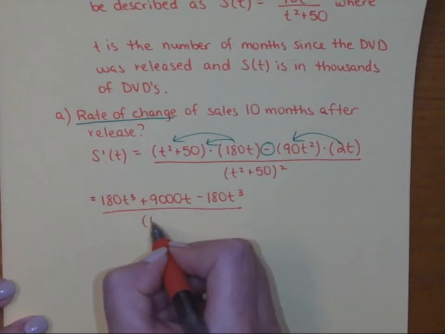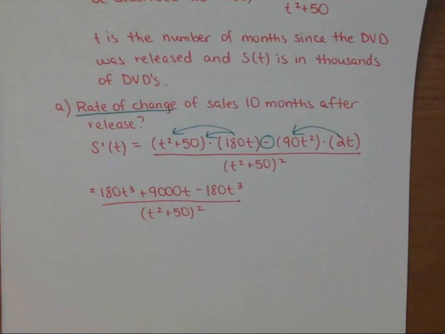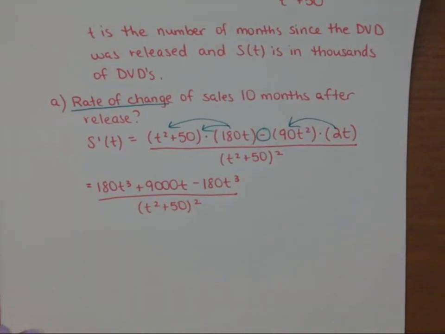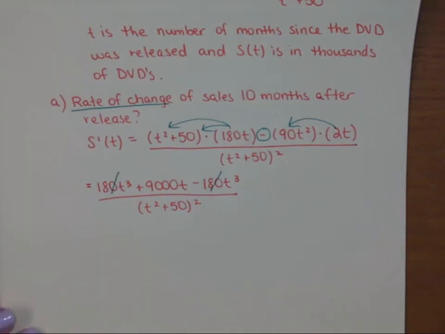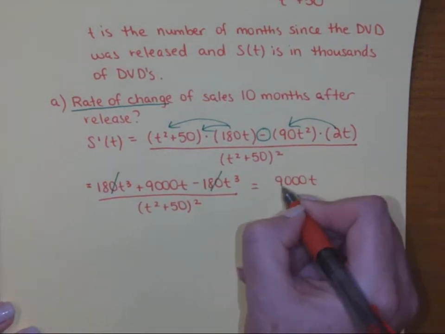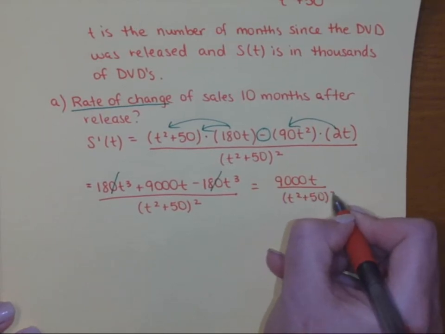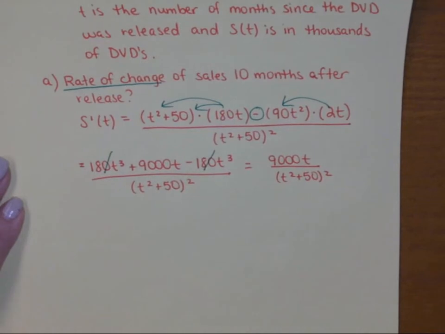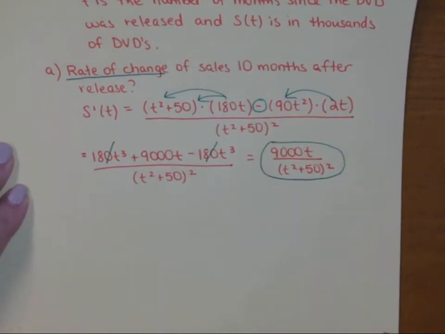And then don't forget to include your bottom. So in this case, notice I have a nice cancellation, right? These terms go away. So I end up with 9,000t divided by that denominator. So this is my rate of change formula.